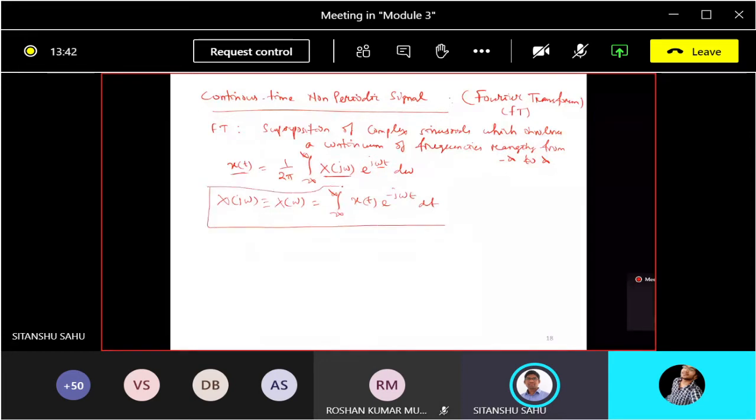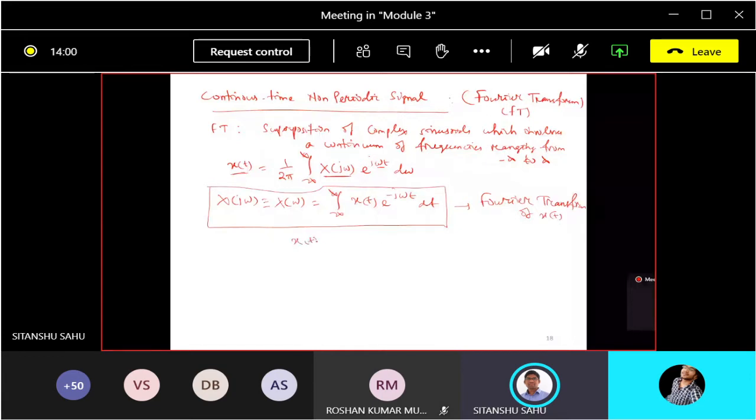This is what we call the Fourier transform of x of t.